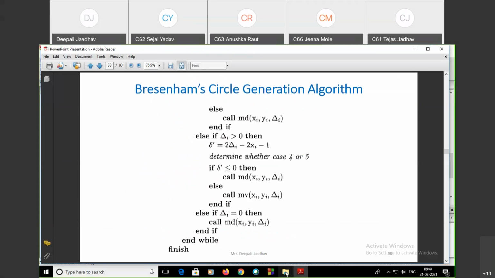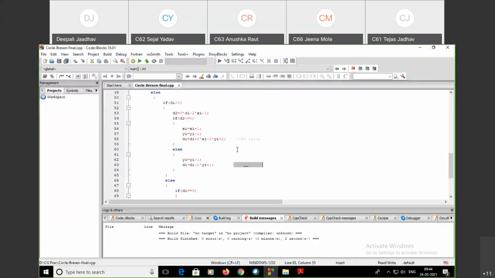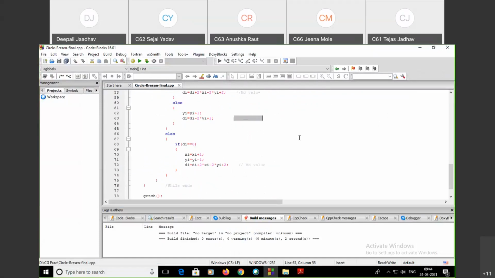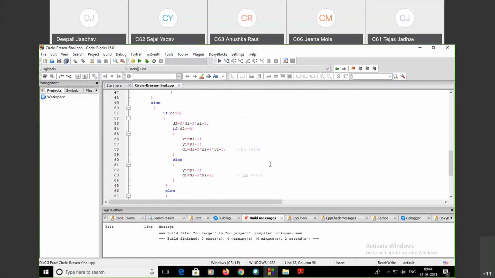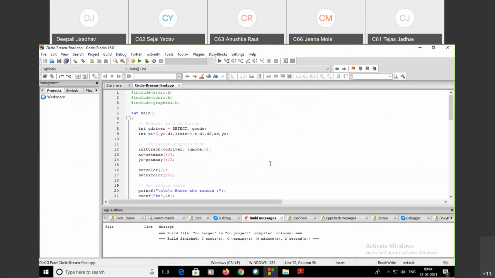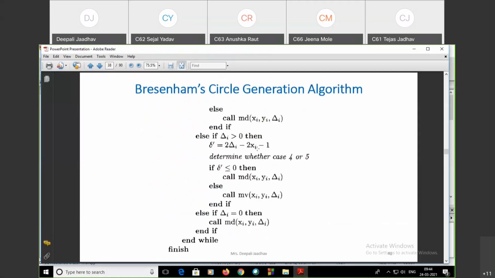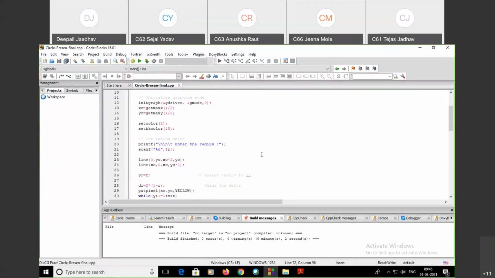If it is greater than 0, then call vertical. Else, if delta I is equal to 0, then directly call the diagonal points. It's a very simple algorithm. If you execute or use all this as it is, you only have to convert it into C programming. Nothing else is there.